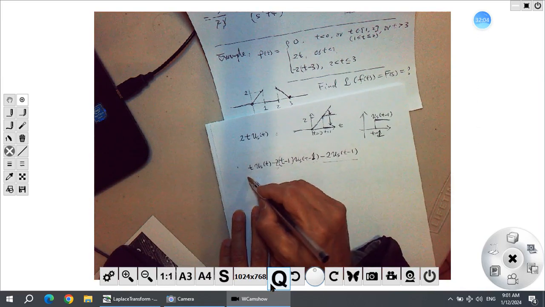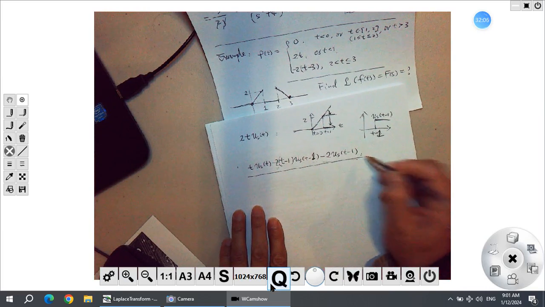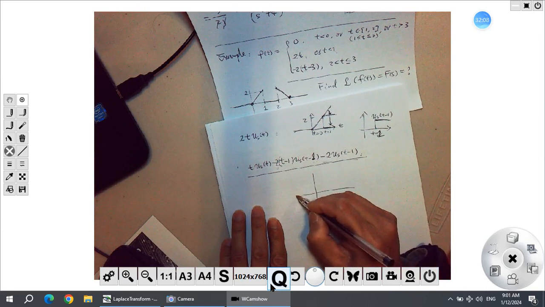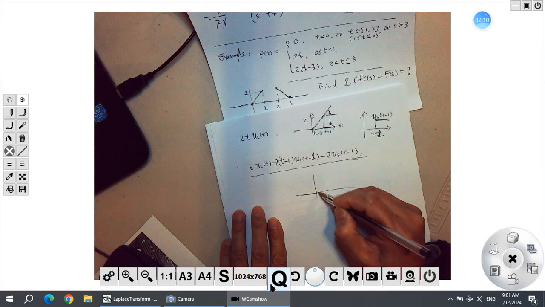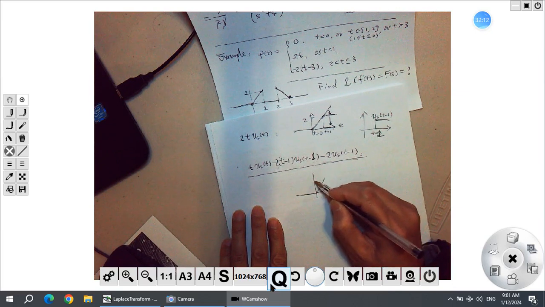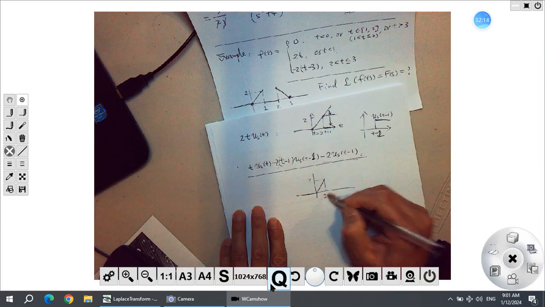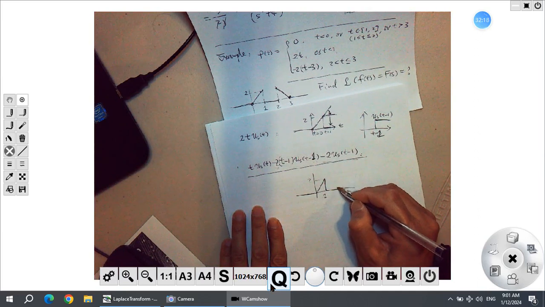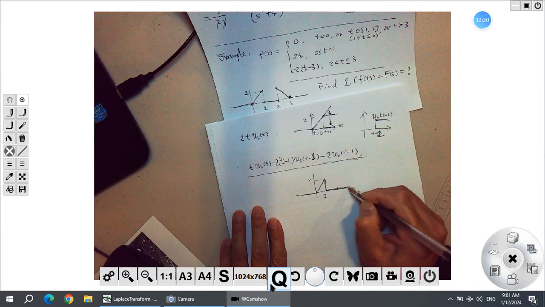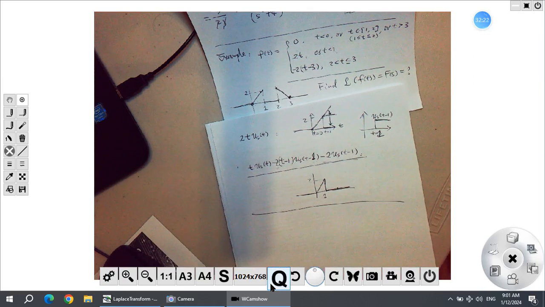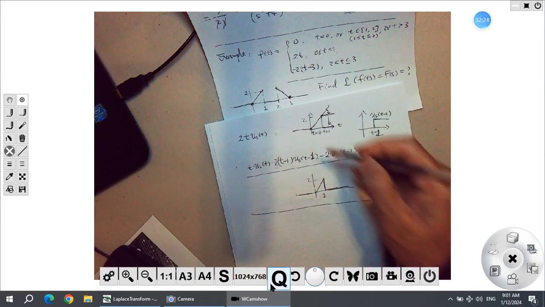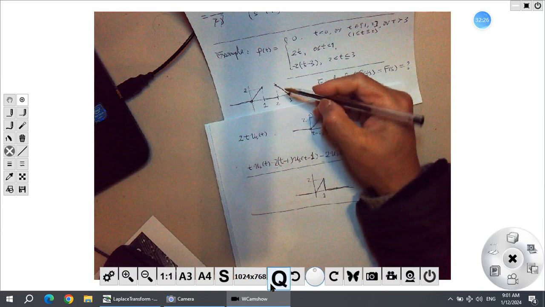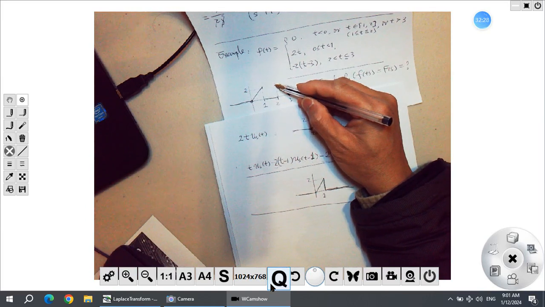So this one, what is it? Negative side is 0. Between 0 and 1, it is a ramp with slope 2. And after t equal to 1, it's going down to be here. Look like this. Look at this. But we need more, because after t equal to 2, we have this one.